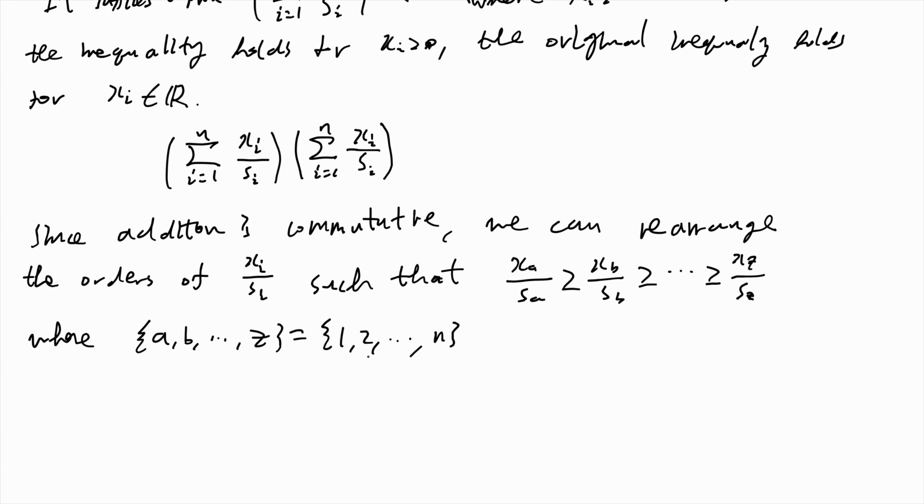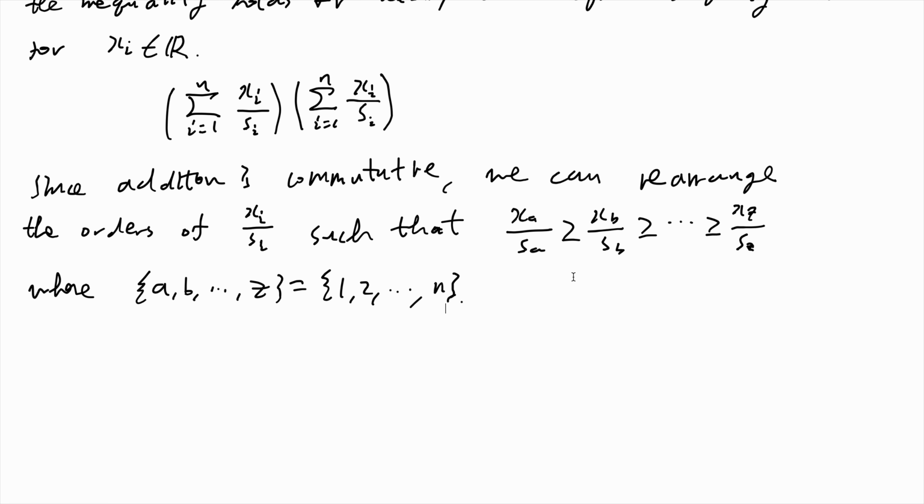So what I mean by this is we're just going to rearrange them such that this is true. And notice the word rearrange here. This is where I got my next idea.